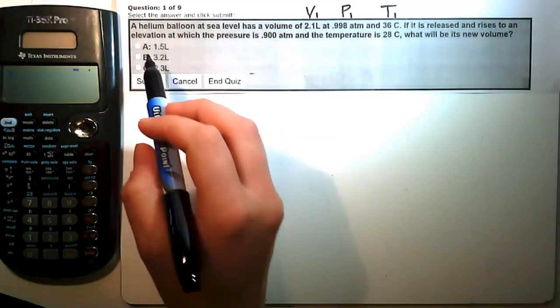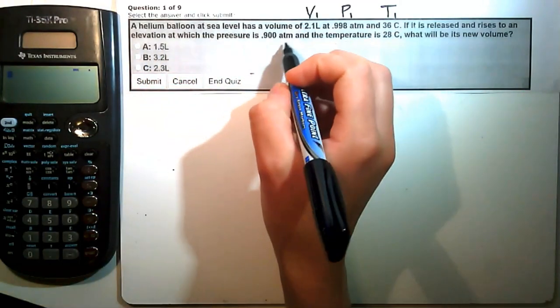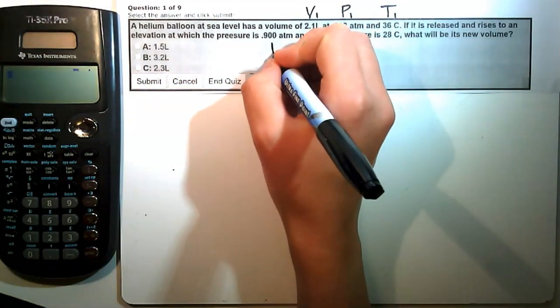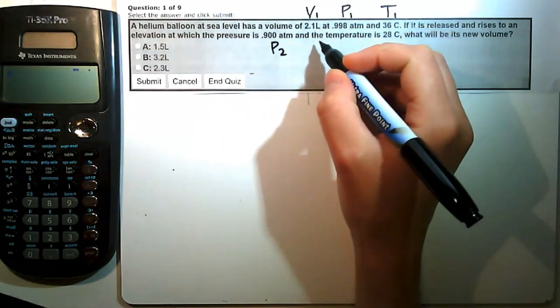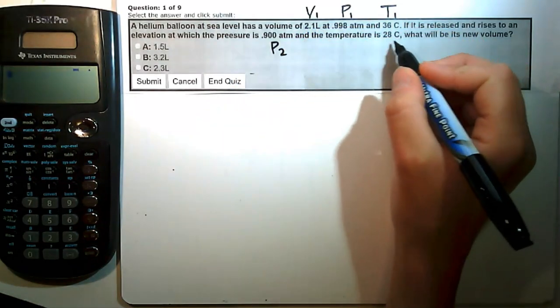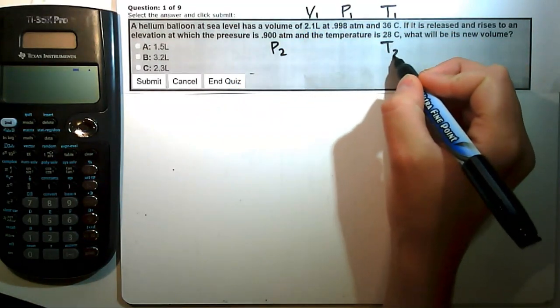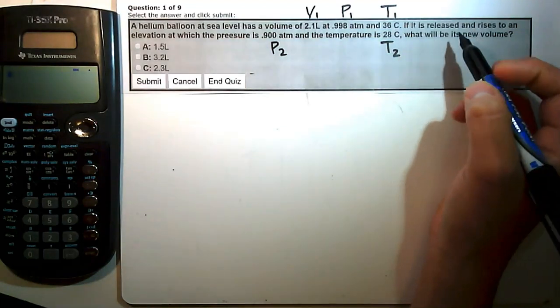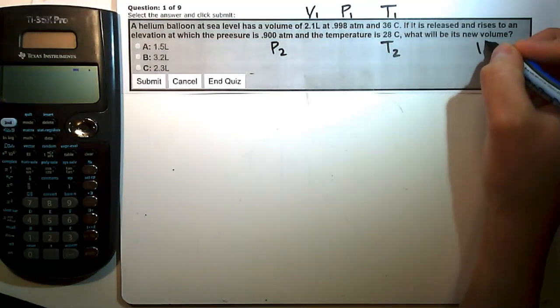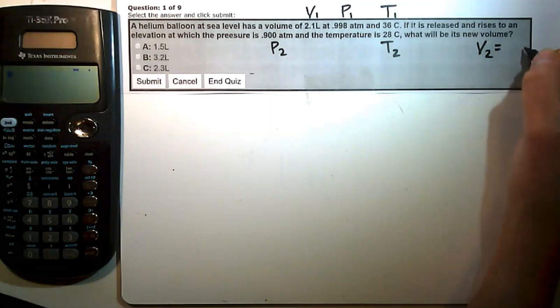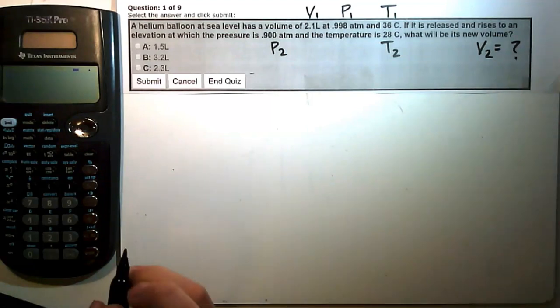It's released, rises to an elevation at which the pressure is 0.9 atm, so a new pressure, P2, and the temperature is 28 degrees Celsius, so a new temperature, T2. And then it says what will be its new volume. So we're asked to find V2. So V2 equals question mark.